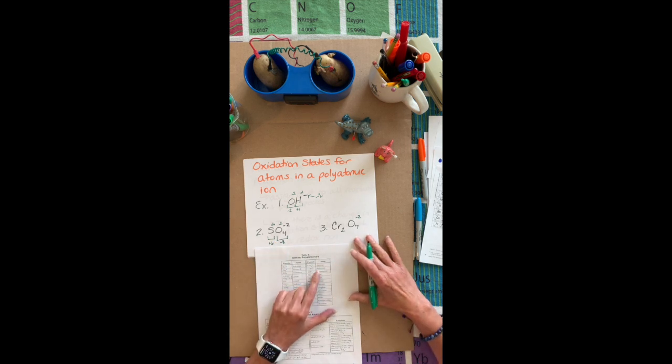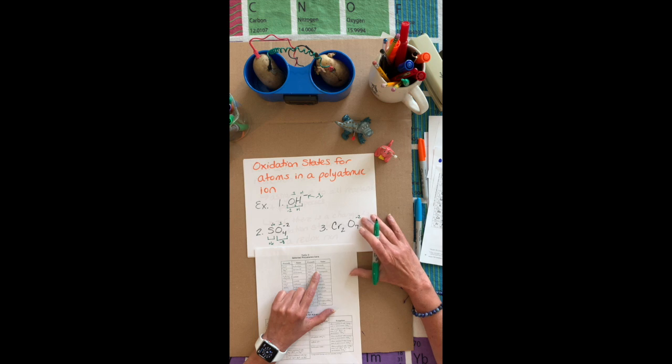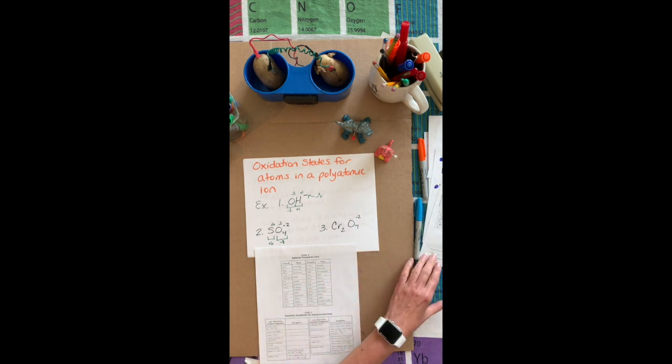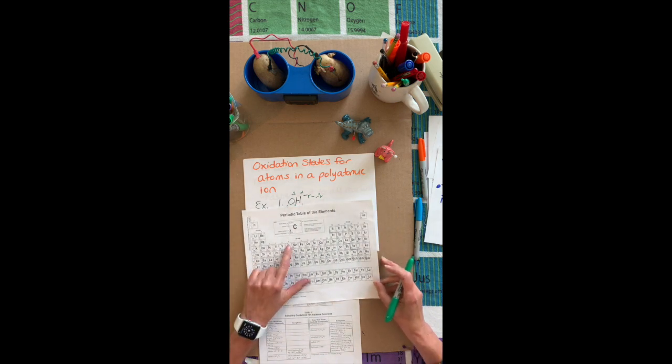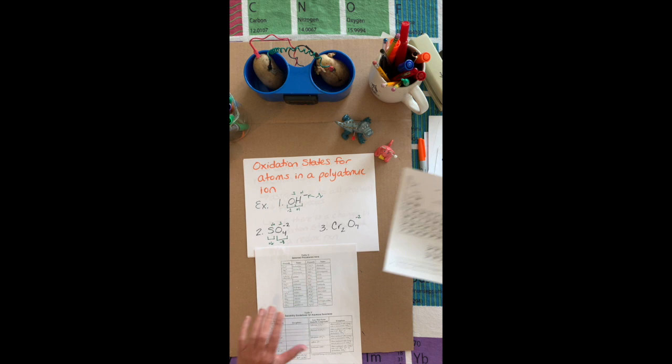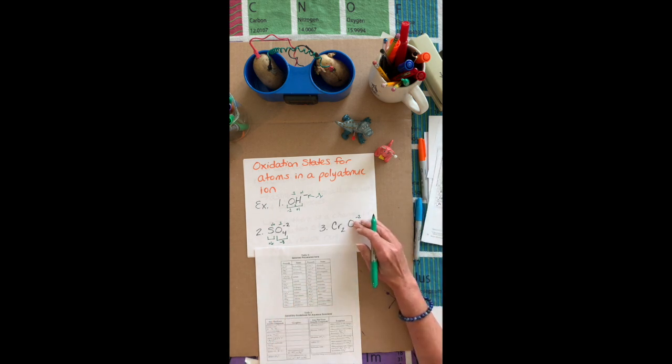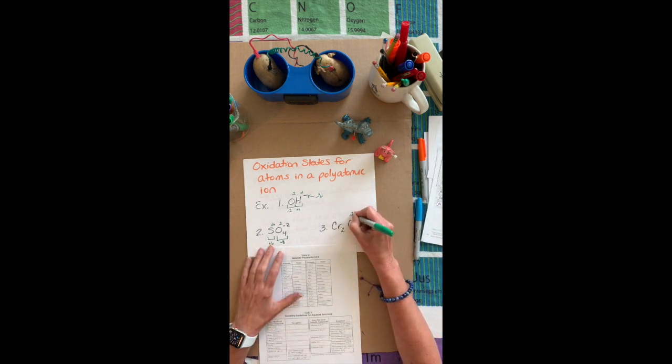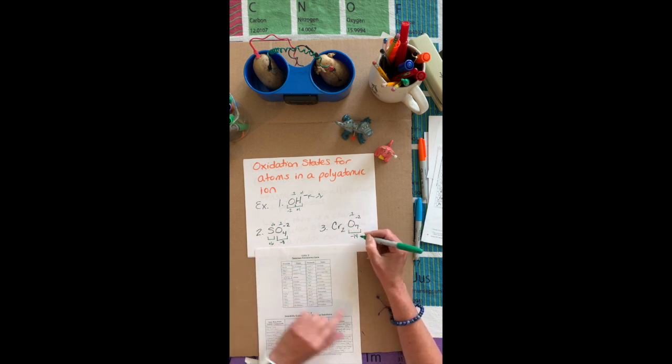Let's look at the dichromate ion example. It's an overall -2 charge. Chromium has 3 possible oxidation states. So we're going to start with oxygen because we know that that's a -2. And we have 7 of those. That's a -14 overall charge.